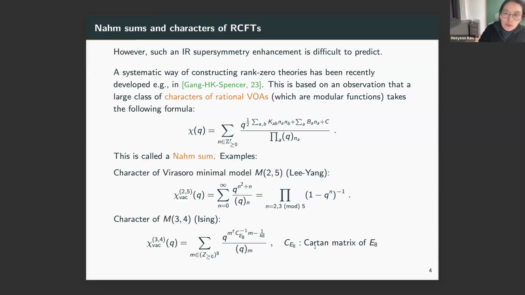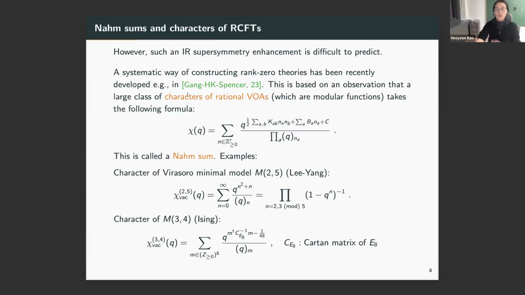With some of my collaborators, I have recently been developing somewhat more systematic ways to construct a large class of rank 0 theories. And this program is based on a simple observation that a large class of characters of rational vertex operator algebras, which turn out to be modular functions of weight 0 under some congruence subgroup of SL(2,Z), take the following form.